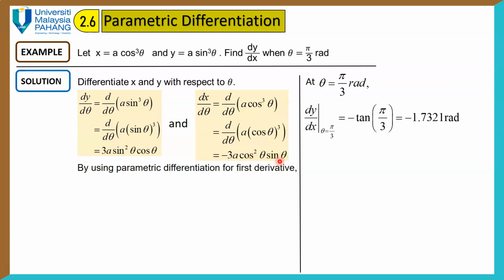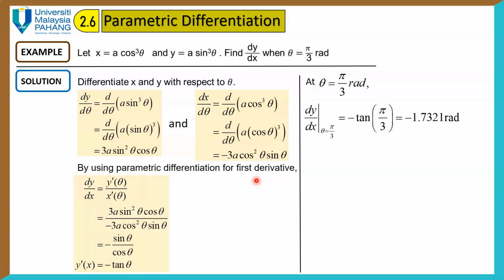So in order to find dy dx, by using parametric differentiation for the first derivative, we apply this formula: y prime x equals y prime theta over x prime theta. You substitute your information here, and then you simplify.